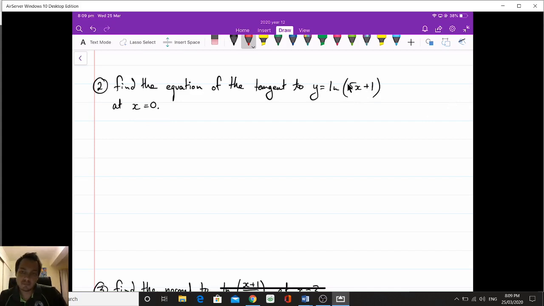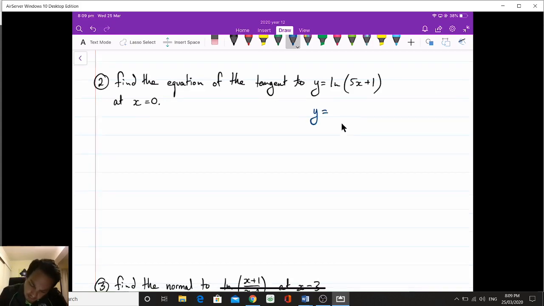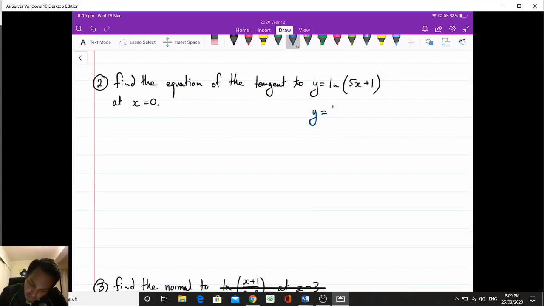Firstly, we probably should know how to graph this function. And I would actually write this function in the form y is equal to ln of 5 of x plus 1/5.